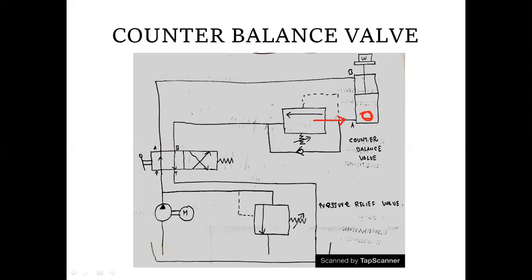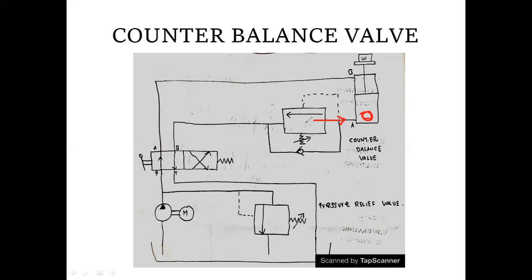So we have to supply a pressure above that 8 kilopascal. For example, I am supplying a pressure of 13 megapascal. This pressure and this pressure act over here and tend to move this weight in a slow manner, without damaging the cylinder.